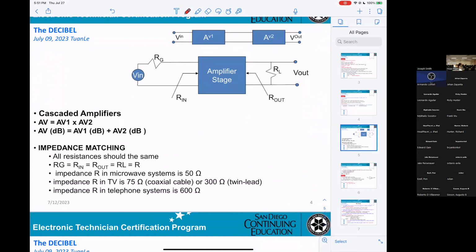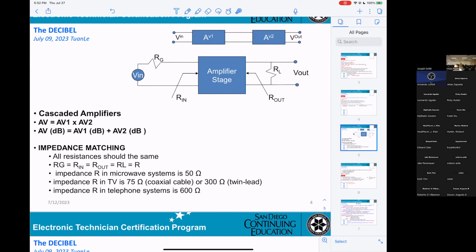Okay. Now, see what's going on here. You get this V in, and that will be V out. You get the first gain AV1, then go to the second gain, AV2. Okay? That's what they're talking about, a cascaded amplifier. If you want to calculate the total gain, AV will be the gain of AV1 times the gain of AV2.